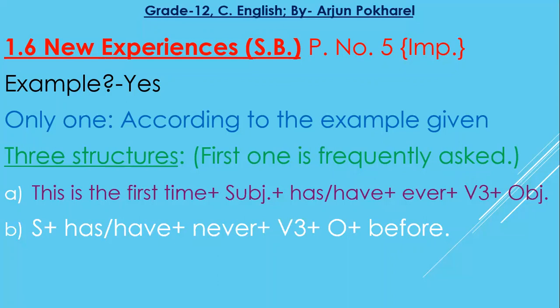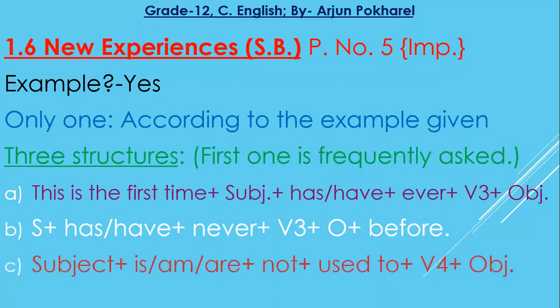The third structure to express your new experiences is: subject plus is/am/are plus not plus used to plus before plus object. You use is/am/are plus not, because if you are not used to doing something, this is your first experience, or your new experience.